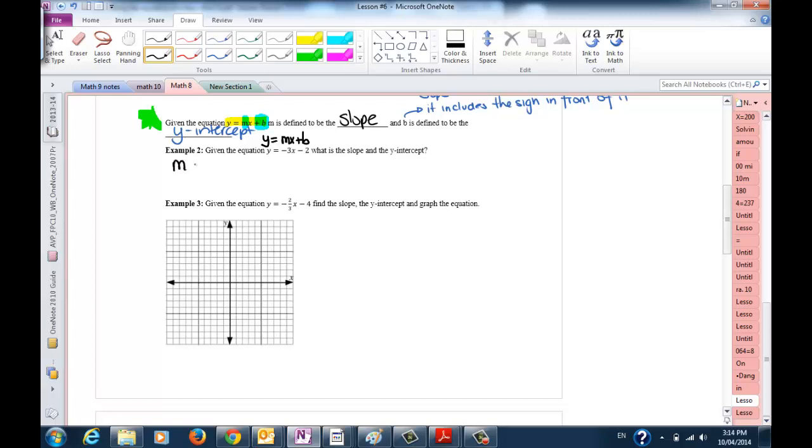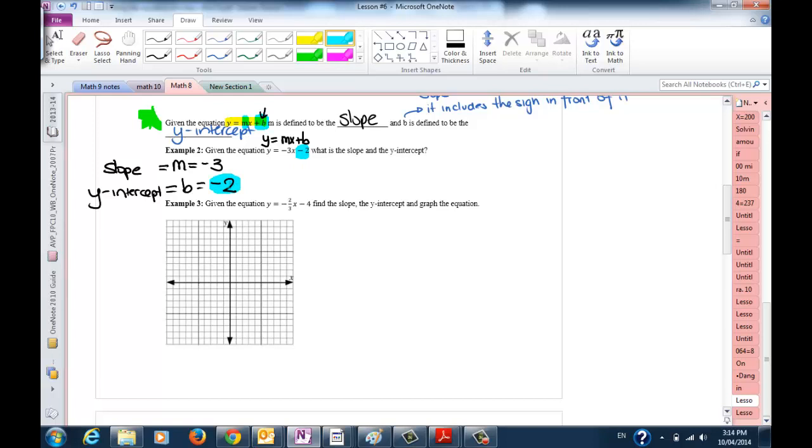So m in this case is equal to -3. Maybe I'll even write slope here. Our y-intercept, which we've defined up here, b, and it includes our sign, in this case is -2. So it's the number and the sign.